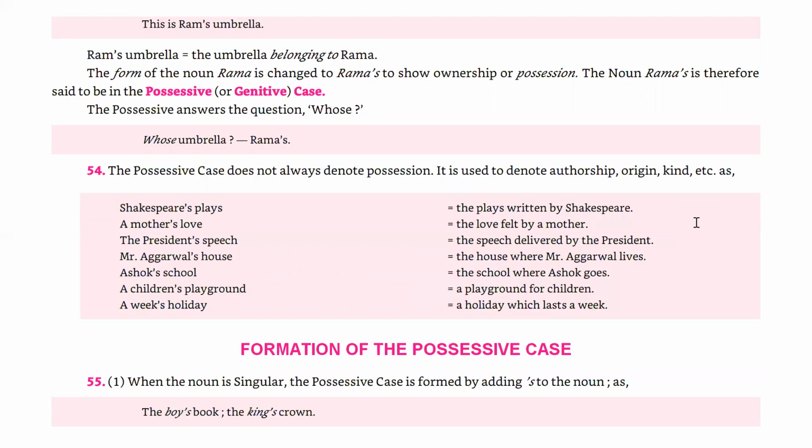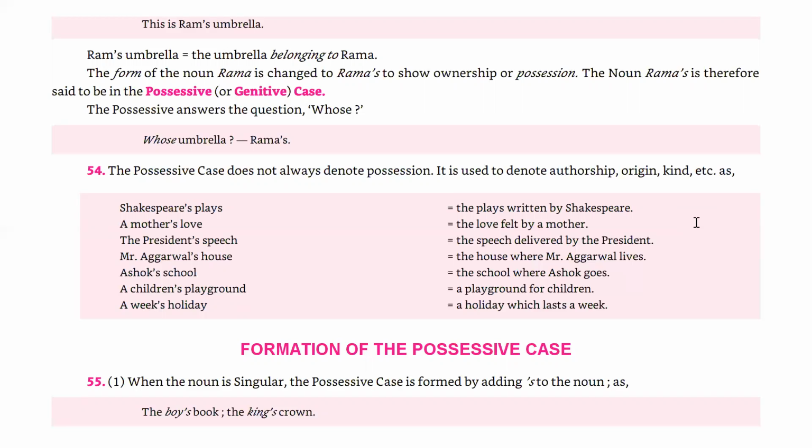So such type of noun, Rama with apostrophe S, is called possessive or genitive case. Till now, we had learnt about nominative or subjective case. Then we got to know about objective or accusative case. Now you come to possessive or genitive case. Possessive or genitive case means when the noun has something under its control.